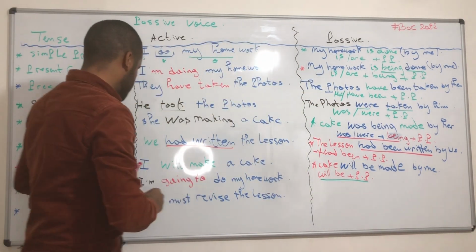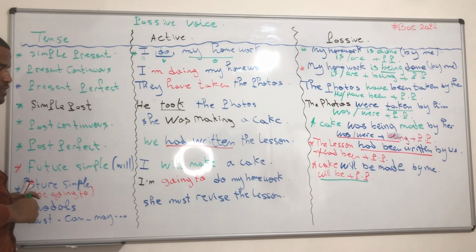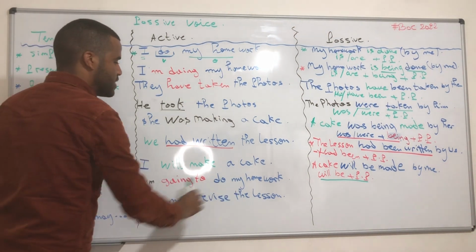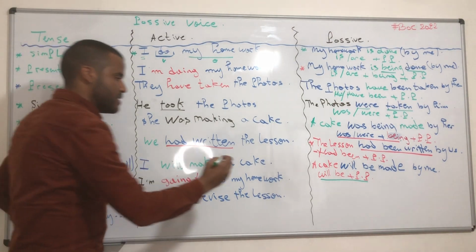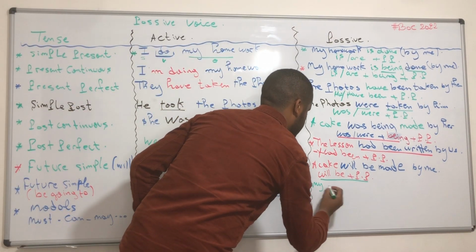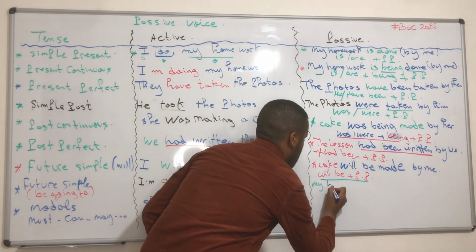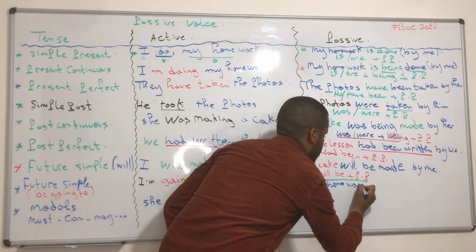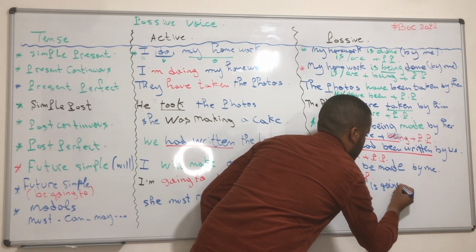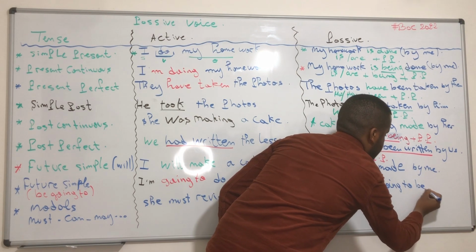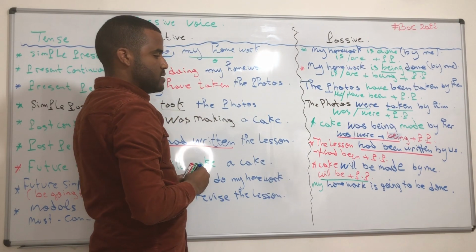Okay, so we move to the next one, future with going to. For example, here we have I'm going to do my homework. So we're going to say my homework is going to be done.